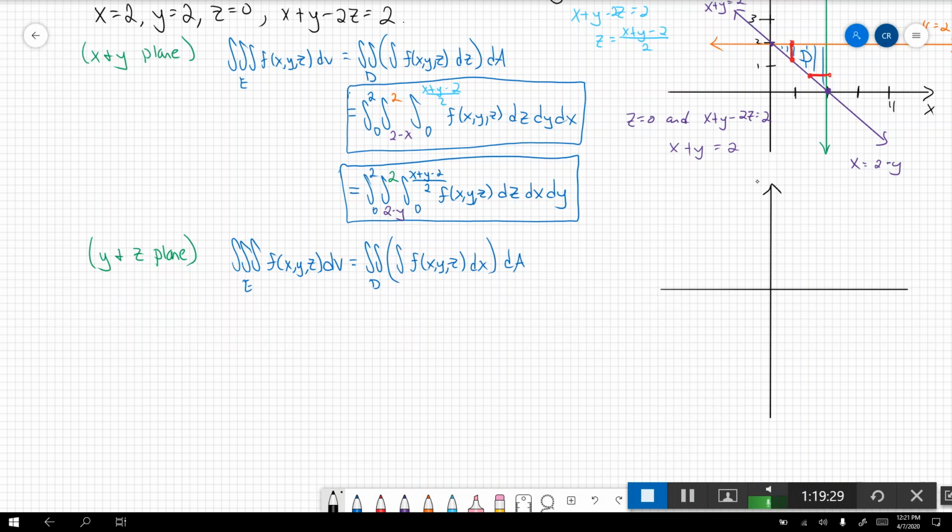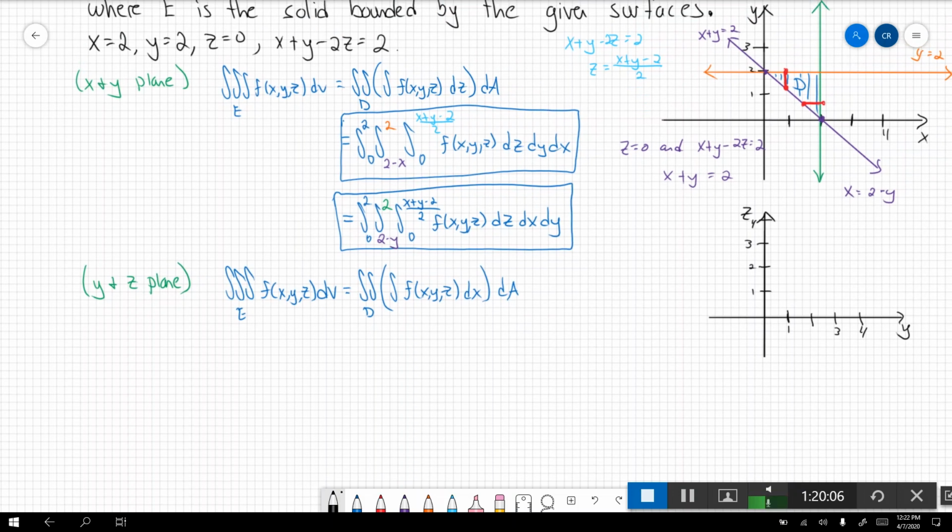This is the yz plane, which means that's my z values, and that's going to be my y values. Let's get some tick marks going in here. So this is going to be 1, 2, 3, 4.